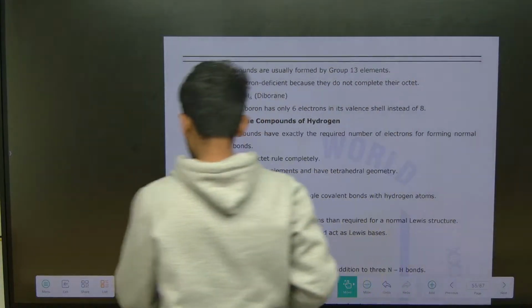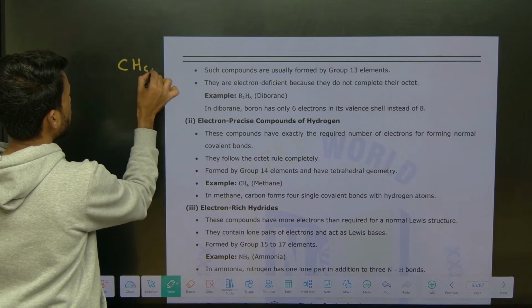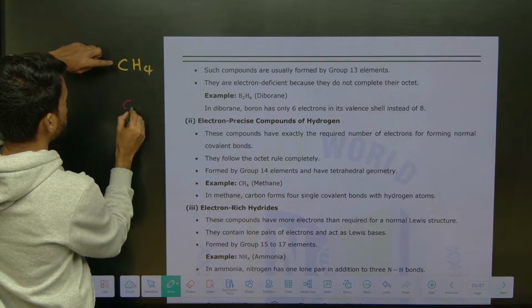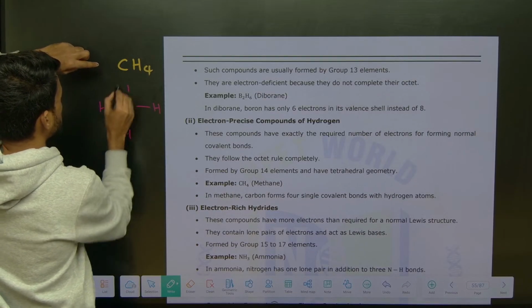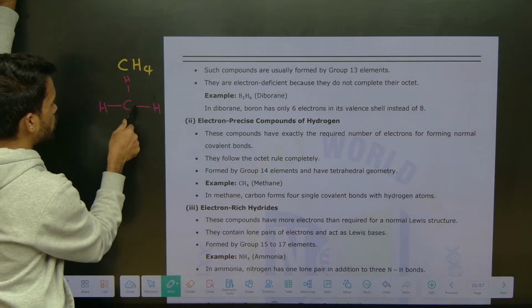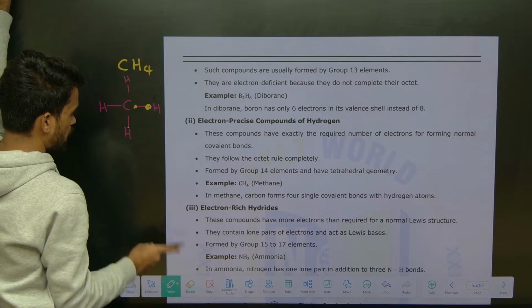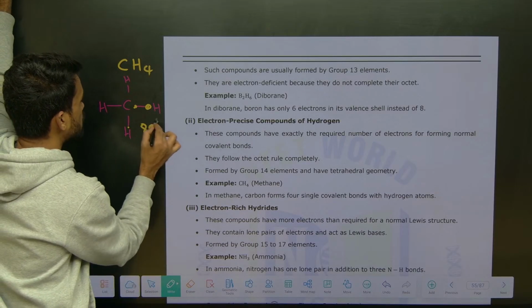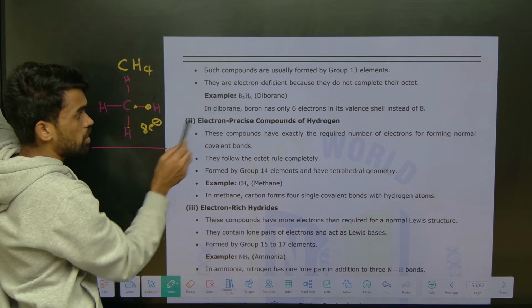See, what do normal covalent bond containing compounds mean? I am writing methane. How many covalent bonds are there around the carbon? 4 bonds are there. So how many electrons are there in this molecule? See, each bond contains 2 electrons, therefore 4 bonds give 8 electrons in this methane molecule. Now what I am saying here is, this is an electron deficient compound.